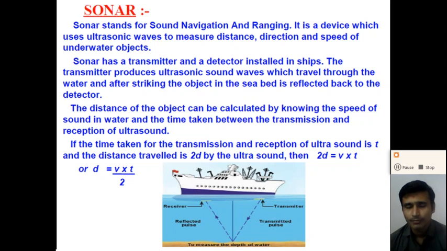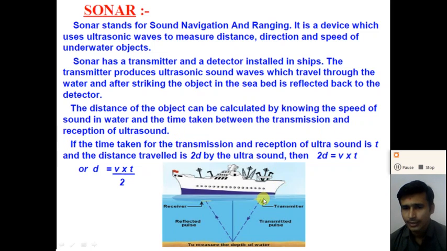How can we calculate the distance of the object from the ship? The distance can be calculated by knowing the speed of sound in water and the time taken between the transmission and the reception of the ultrasonic sound wave.